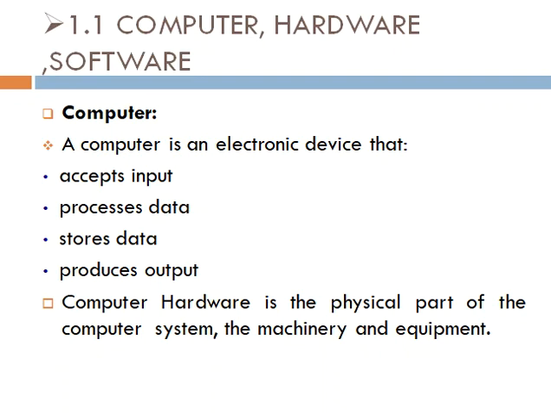I categorize this single line definition into four points, and everyone knows that a computer takes inputs and gives output. The four steps are: first, accept inputs; second, process data; third, store data; and fourth, produce output. So these four components I define in a single definition.